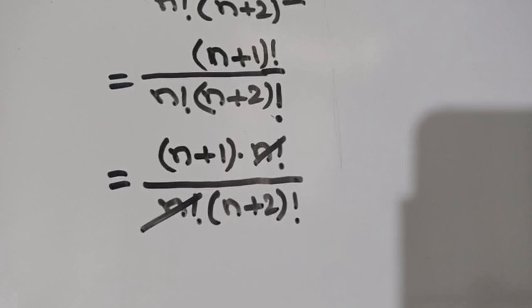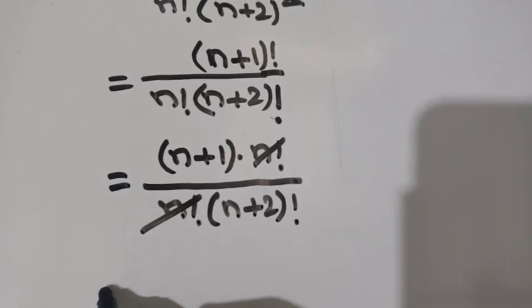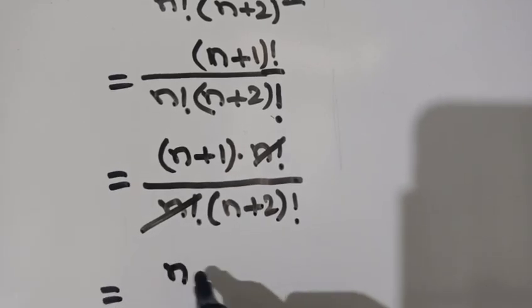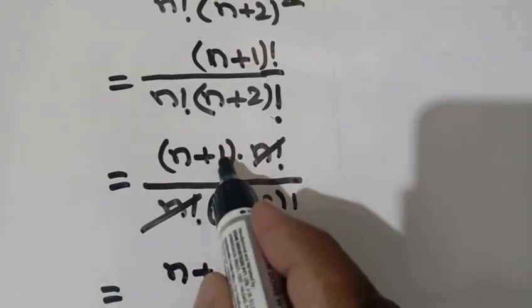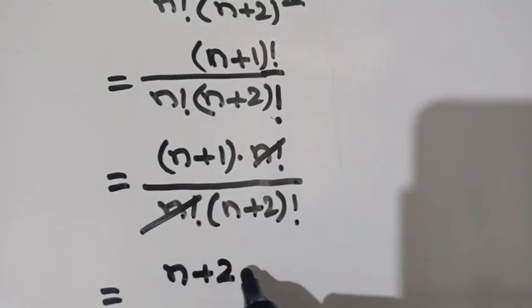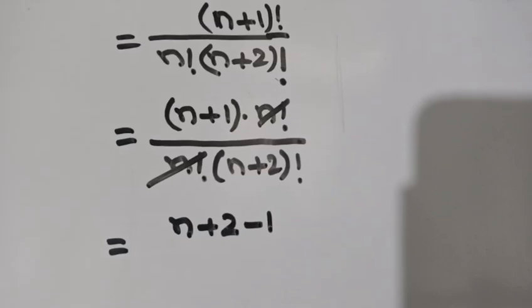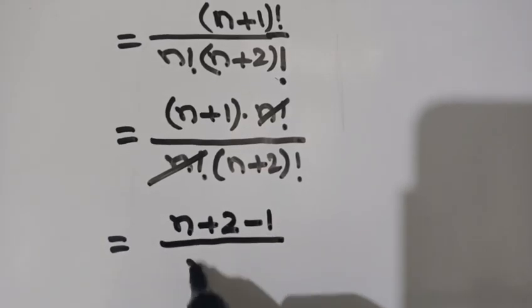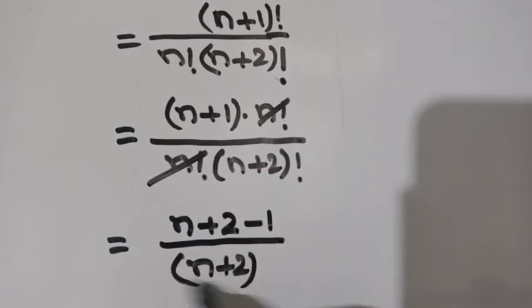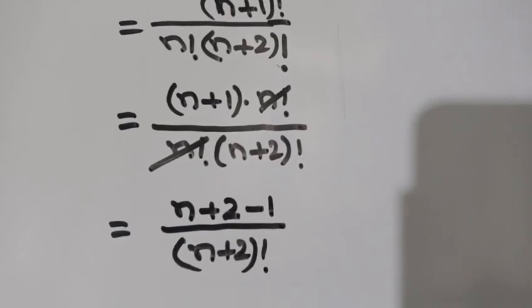So I want a minus term. So to get a minus term here, what I do is I just write 2 in the place of 1. That means I have to subtract 1 also. That is, 1 is added and 1 is subtracted. So divided by n plus 2 factorial.